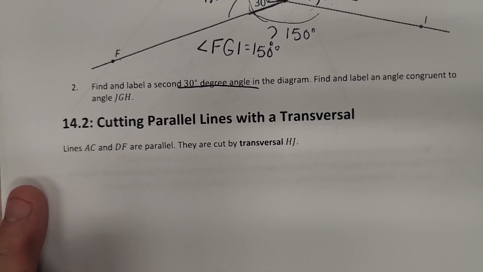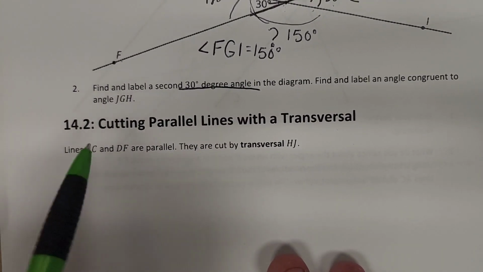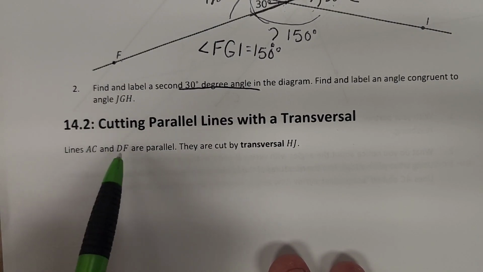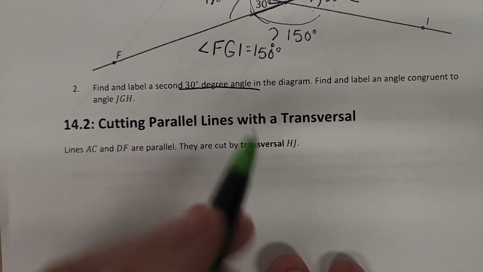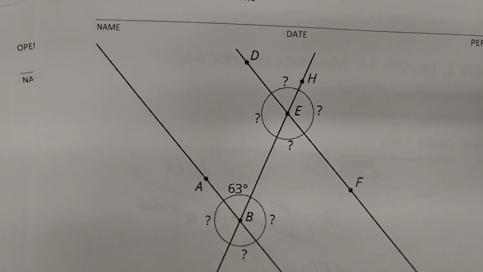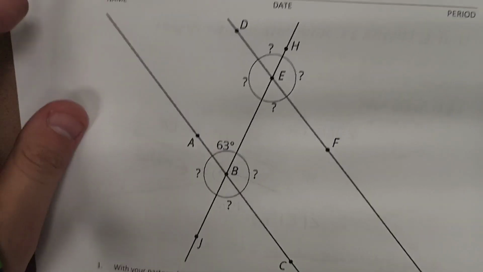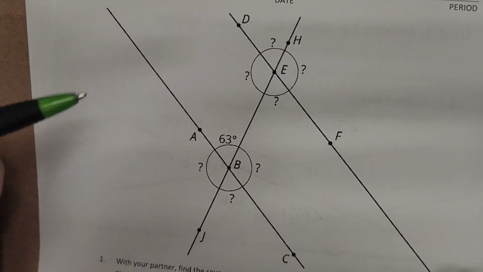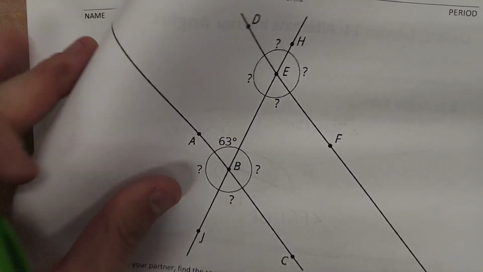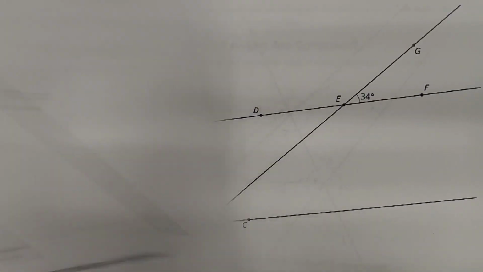Now, we're going to use this knowledge with 14.2. In my case, my second part is on the back. But it says lines AC and DF are parallel. They are cut by a transversal, HJ. So if I look on the next page, you should see this big picture, right? So once again, we have line AC and DF.